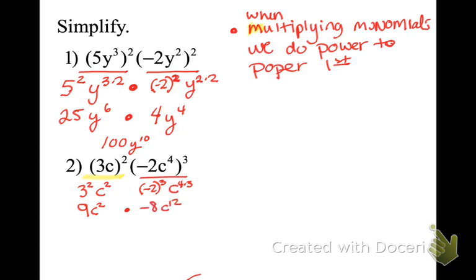Okay, final step, Kate. Then you do 9 times -8. And that makes? -72, and then you add c to the second power and c to the 12th power and c to the 14th. Okay, so we get -72c to the 14th power.